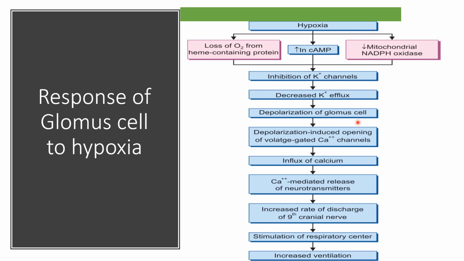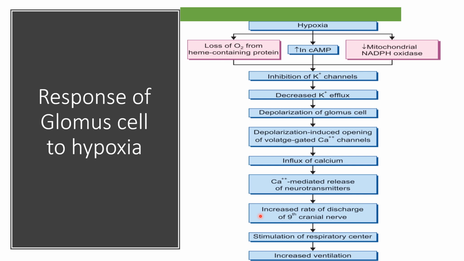This depolarization causes voltage gated calcium channels to open, and after opening, calcium influx happens, and this calcium mediates the release of the neurotransmitter that we have discussed, mainly dopamine, increasing the rate of discharge.